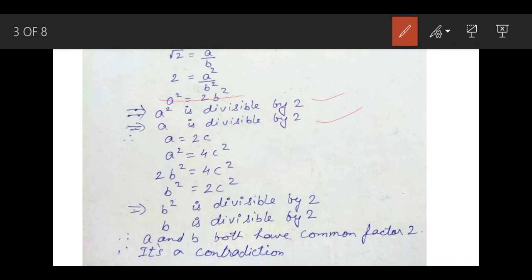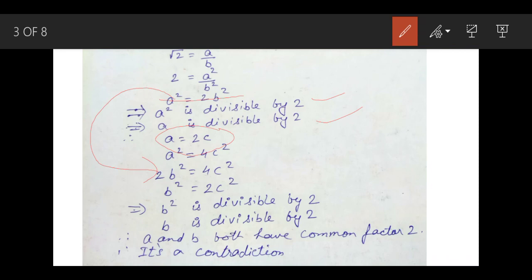If a is divisible by 2, we can write a equals 2 into something. We have written a equals 2c. Now squaring both sides, we will get a square equals 4c square. So in place of a square, from here we can write 2 times b square.